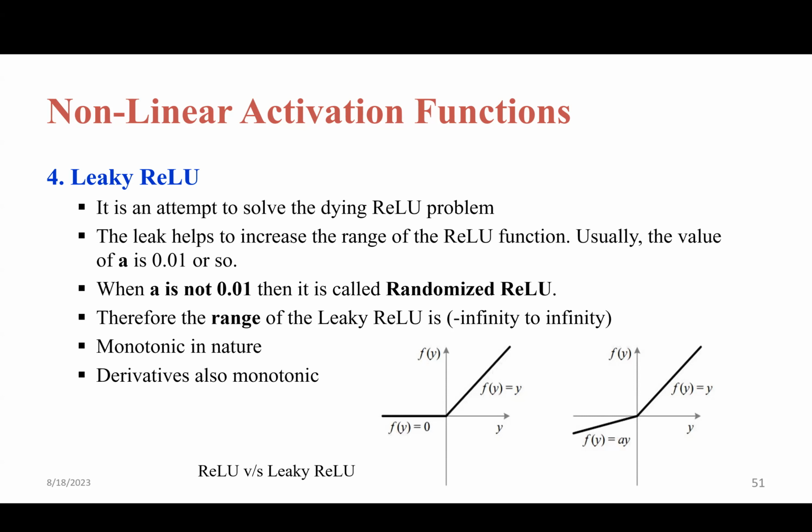Usually the value of a is 0.01 or so in the function f of y is equal to a y. On the right side graph, you can see that the bottom half represents f of y is equal to a into y. When a is not 0.01, then it is called randomized ReLU.